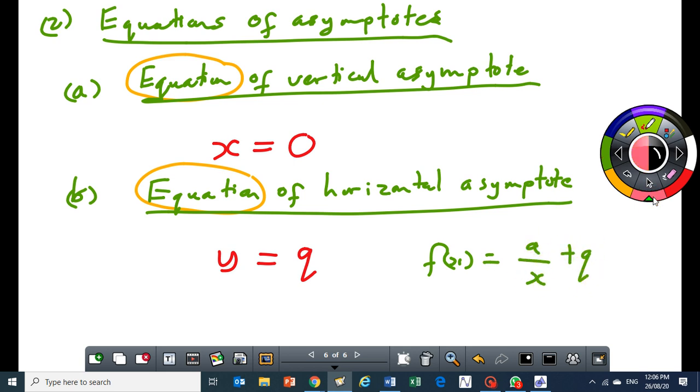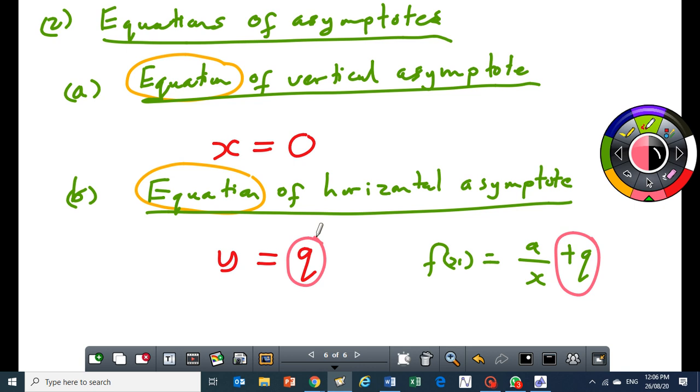So what I mean by y equal to q is, when you are given the equation of the hyperbolic function, whatever value of q is there, that's the value that you put here together with the sign. So if q is negative, then you also put a q which is negative.